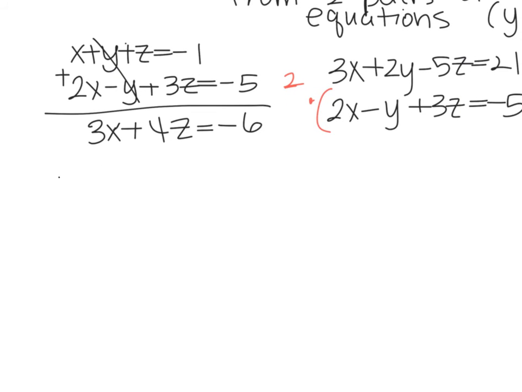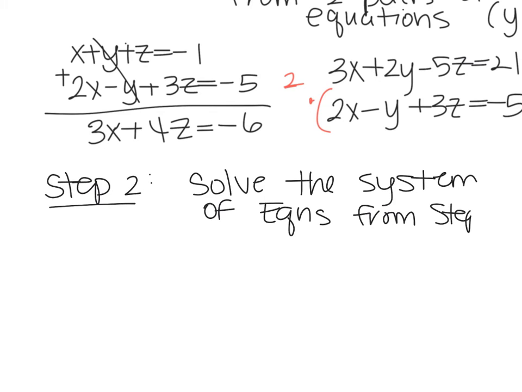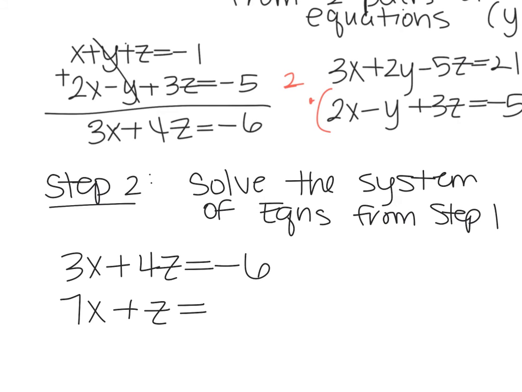So step 2 is to solve the system of equations from step 1. So my system is 3x plus 4z equals -6, and 7x plus z equals 11.